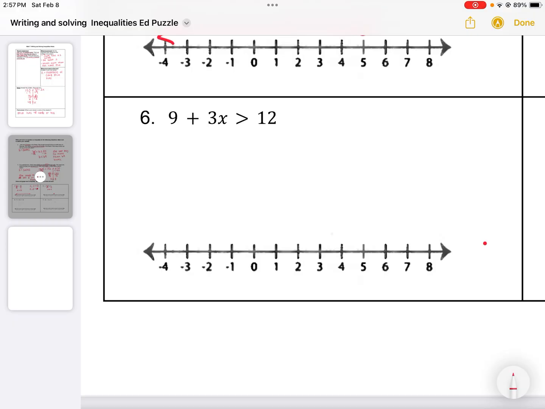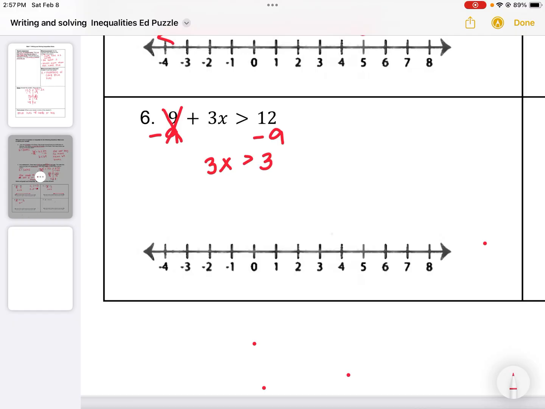Because I don't want to add this anymore, I want to subtract to get rid of it. So subtraction is the inverse operation. When I do, I'm going to subtract 9 from both sides. These cancel and my 3x comes down. My symbol stays the same, and 12 minus 9 should give me 3 left over.